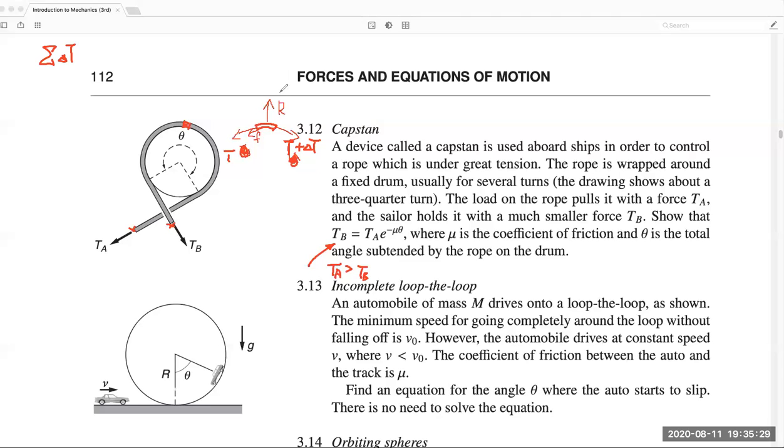Also, you should let the angle here be delta theta. So could you relate delta T and delta theta together?